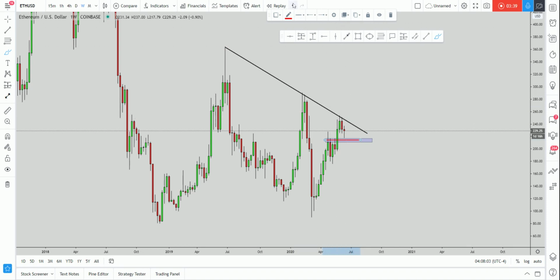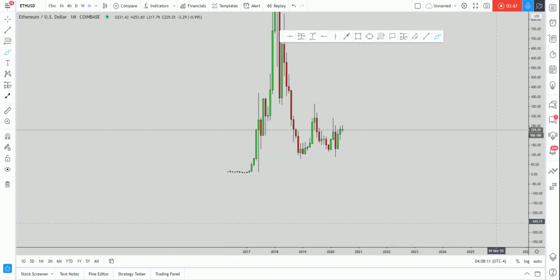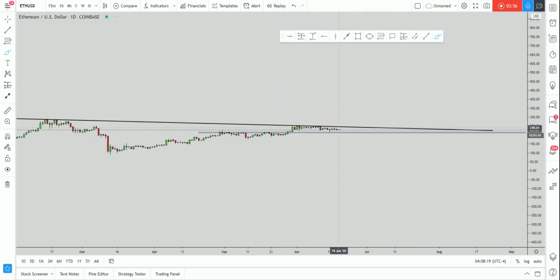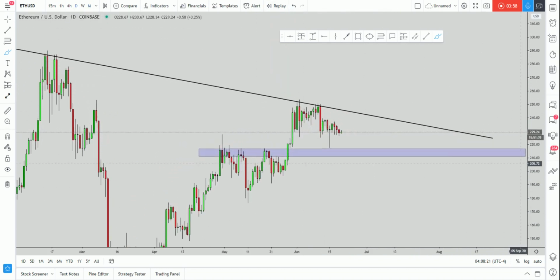Now, what will actually decide the outcome on ATH USD is what will happen with BTC USD because obviously they are correlated. But seeing continuation to the upside for the creation of this monthly W formation is definitely possible. But as usual, guys, we have to be reactive and not predictive.